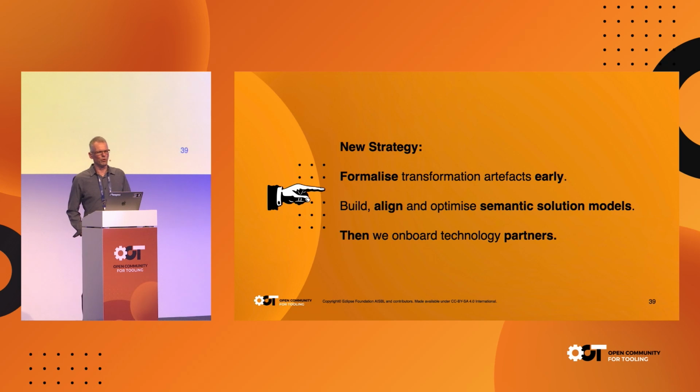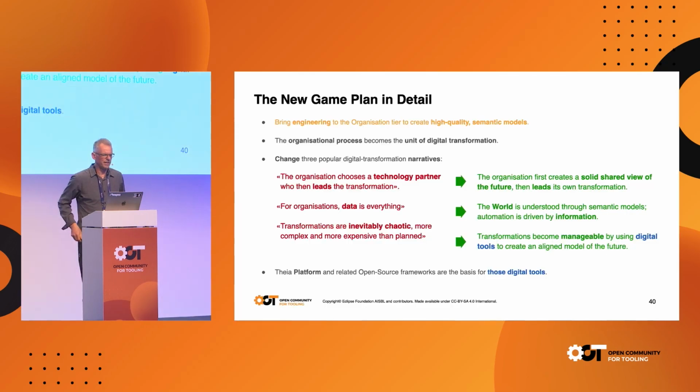And only then will we onboard technology partners. So we create a big picture first, and then we go out. If we get that 80% right, we are 5 or 10 times better than we are today. There is a lot of negotiation going on later, but if we don't have that big picture, we're lost from the start. So in detail, that means we bring engineering to the organization.